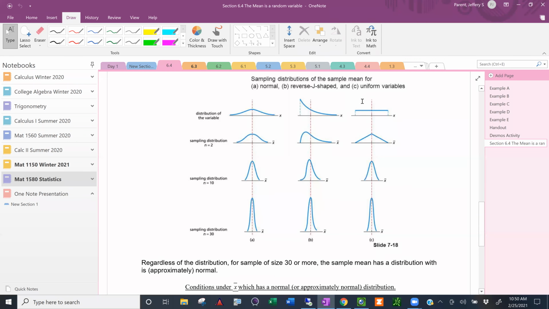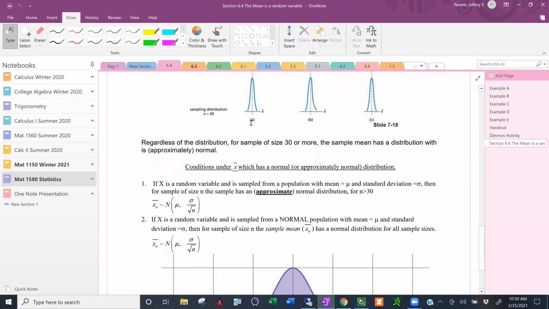Now, those are a couple of distributions that are somewhat far from normal. If you started out with a normal distribution, then the sample mean will continue to have a normal distribution. So there's a couple ways in which the sample mean can have a normal or at least approximately normal distribution.